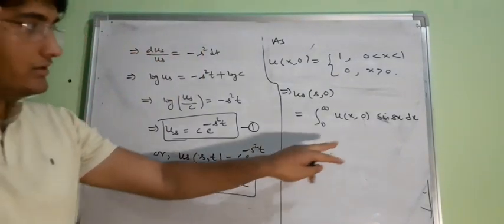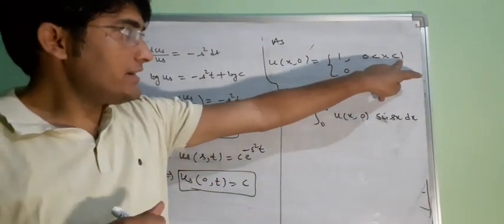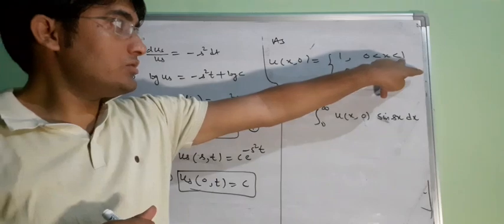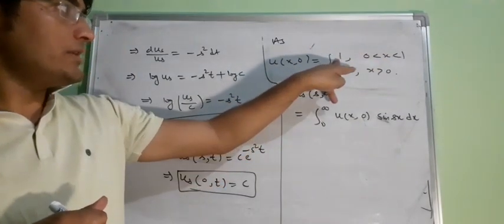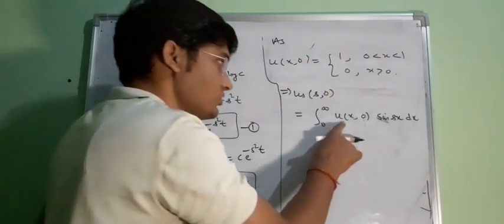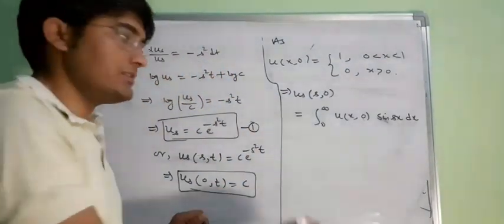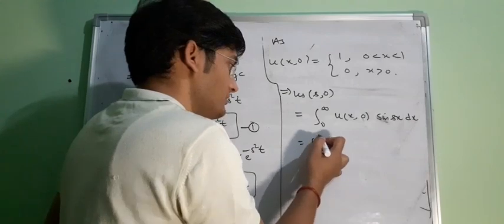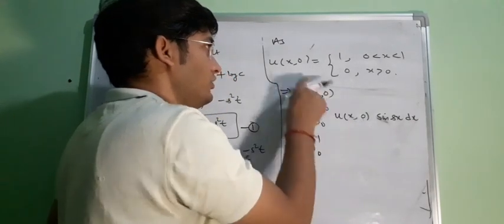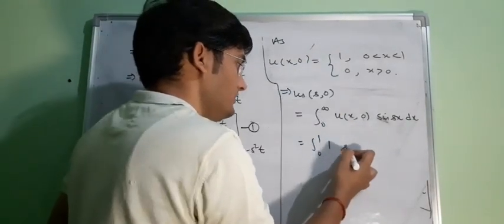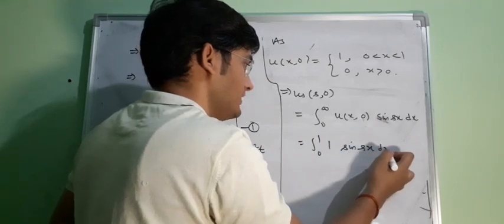Now here you can see that when the value of x is between 0 to 1, then ux0 is 1. So that means this is 1 when x lies between 0 to 1, and for the remaining cases it is 0. So we can write it as integral 0 to 1, the value of ux0 is 1, and sine sx dx.